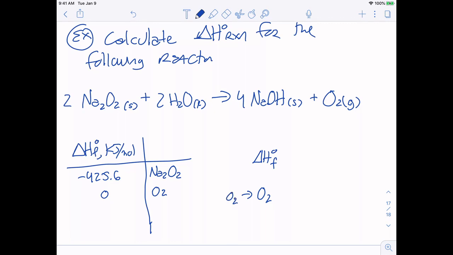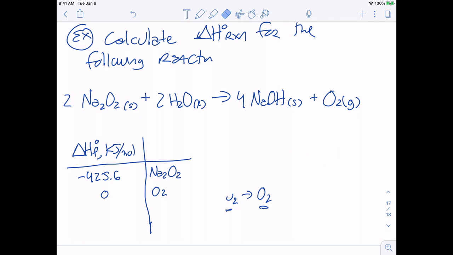So as far as my change goes, my final is actually going to be equal to my initial. So my change then is going to be equal to 0 because I'm making O2 from O2. I'm making it from the elements that make it up, which is oxygen, in their most standard states, which is O2.